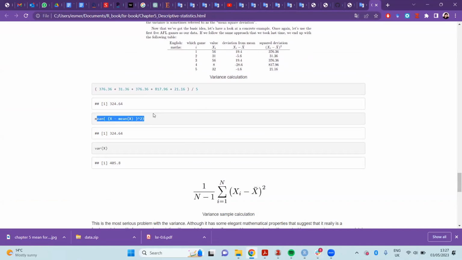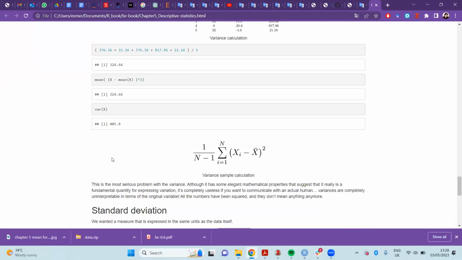We can construct our own function, or our own formula, or we can use a function called var.